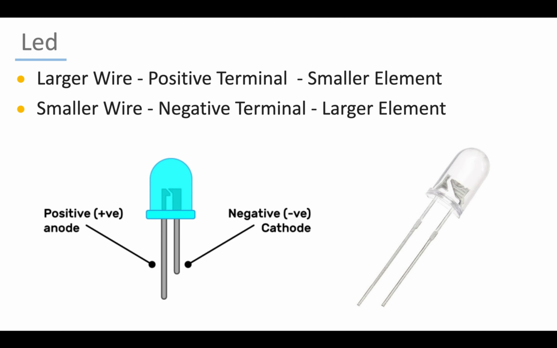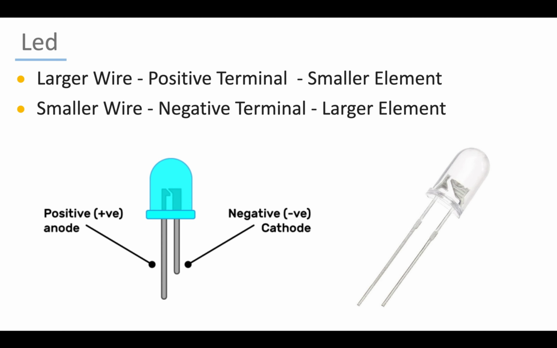Now this method is not so efficient because sometimes we do not have the length of the wire. We have soldered it somewhere and we can't see the length. So there we use our second method, which is if you look closely inside the LED, you will see there are two elements in that. As you can see here in the right picture, one of these elements is larger and one is smaller.